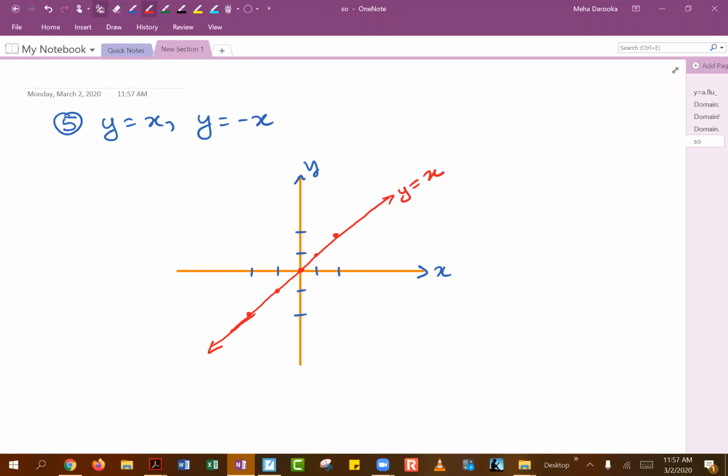So y equals x. Now basically, remember the idea is you're doing a reflection with respect to the x-axis, which means this upper half of your graph is going to get reflected down here, and this lower half of your graph is going to get reflected up here. And those points that you came up with for your table should show you that. So this guy will go down here. These points will go here.